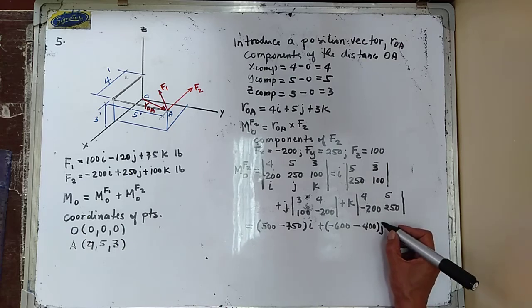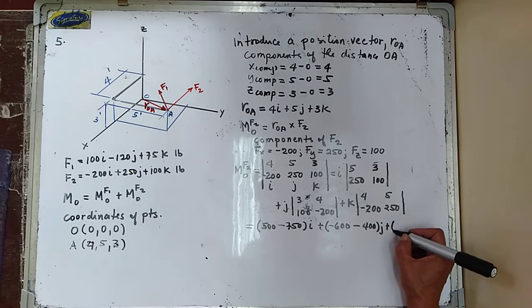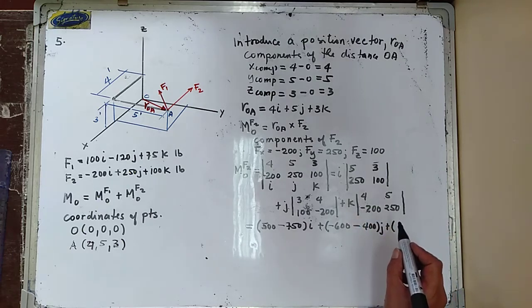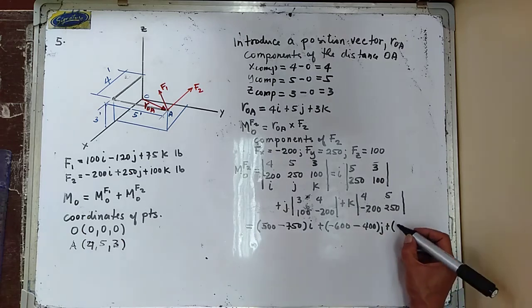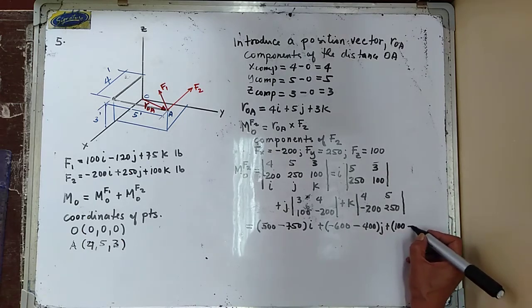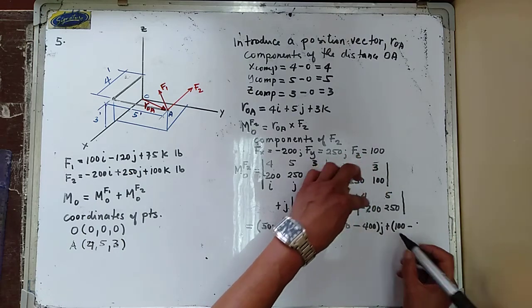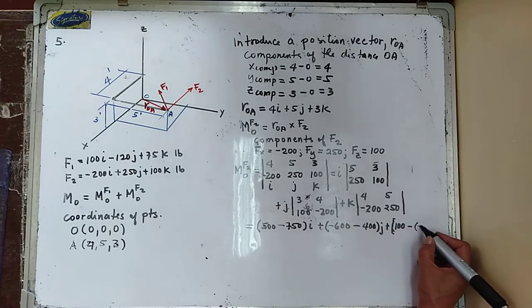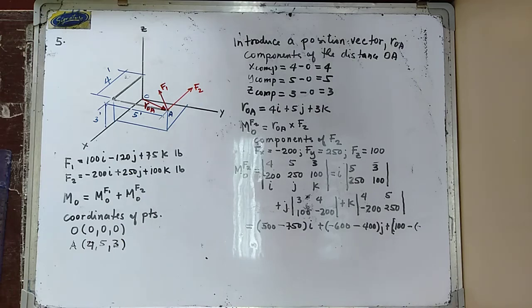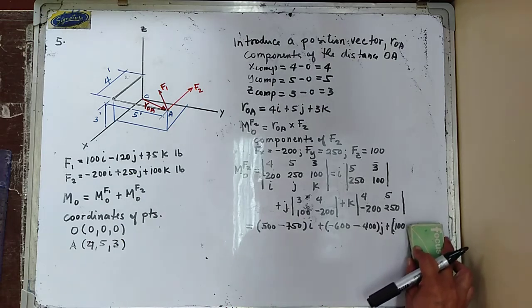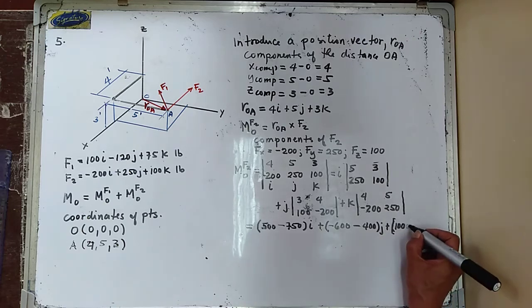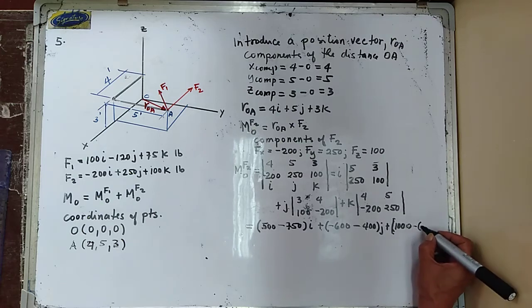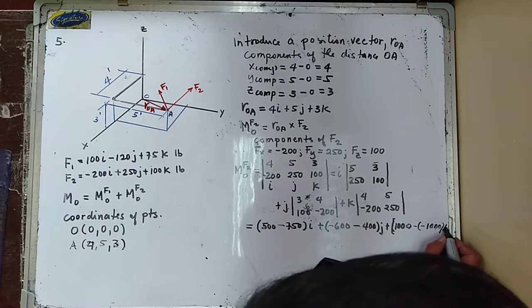And this is now your j. Plus 4 by 250, that is equal to 1,000, minus 5 by negative 200, minus 4 by 250, is equal to 1,000, minus minus 1,000. And that is now your k.